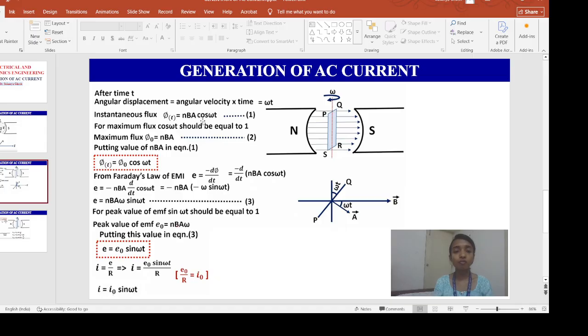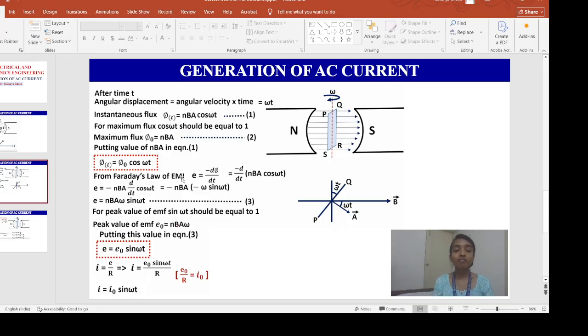So what is the value of maximum flux? We represent it by phi naught equals NBA, which is equation number 2. Now if we put this value of NBA in equation number 1, we will get the instantaneous flux phi t equals phi naught cos omega t.